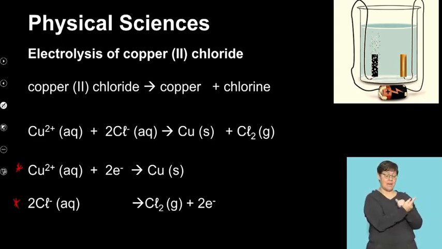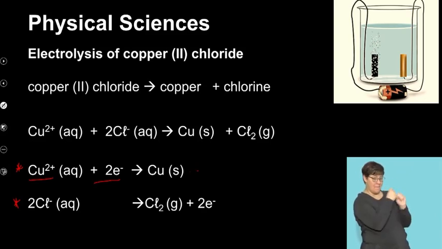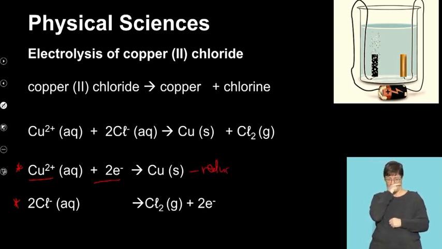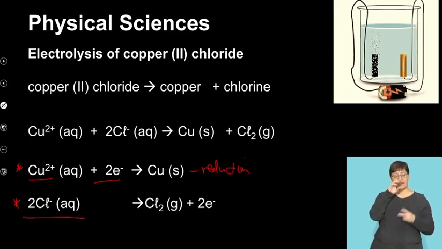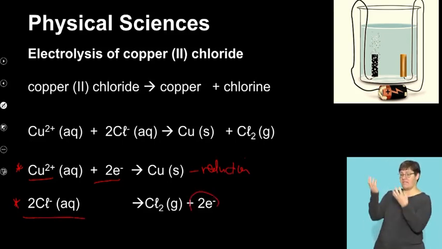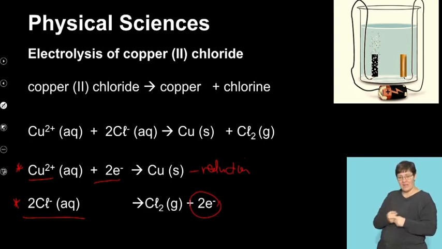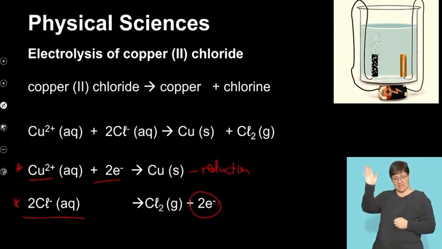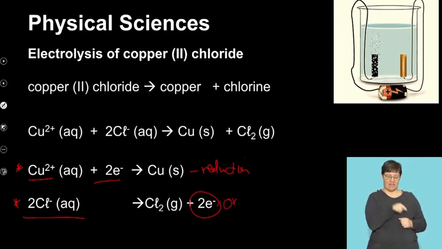What's happening here is the copper 2+ ions are gaining electrons. So recognize that a gain of electrons is a reduction reaction. And over here, the chloride ions are losing electrons. They're producing electrons. In that sense, they are donating electrons. This is the oxidation reaction.